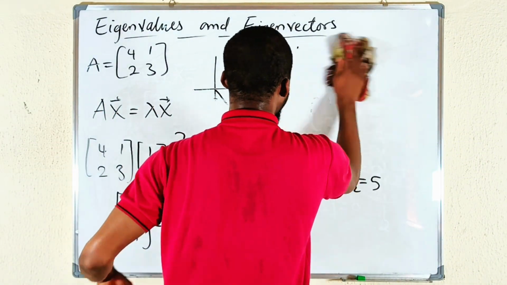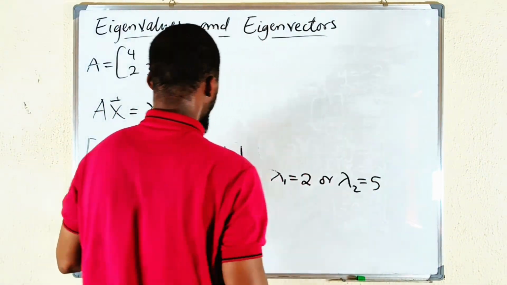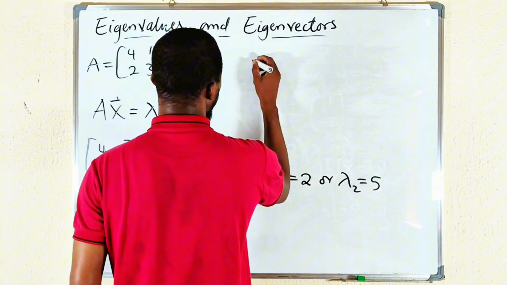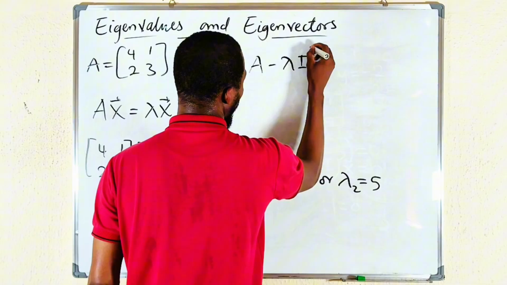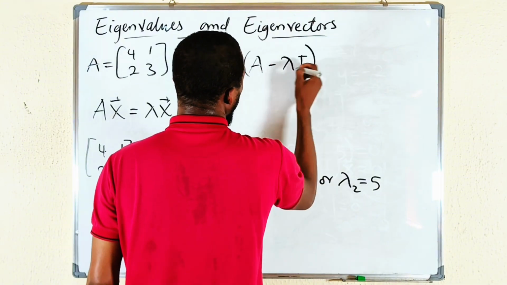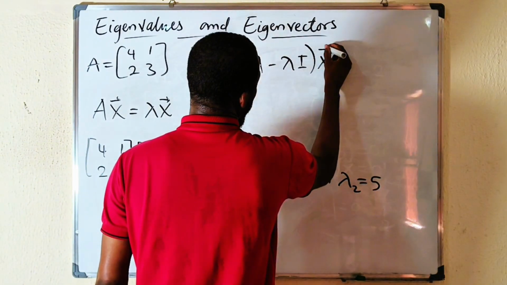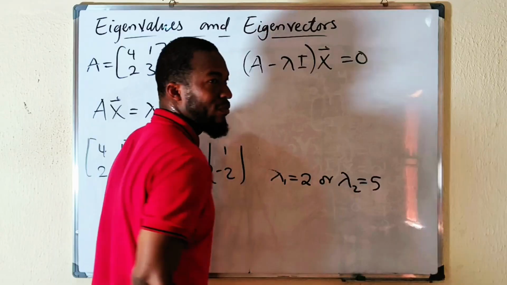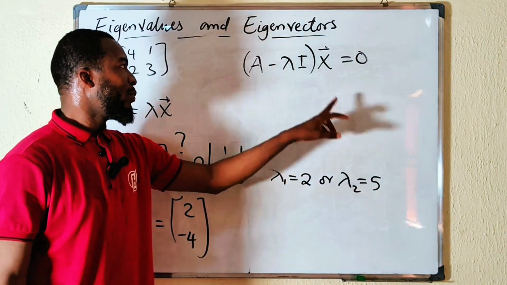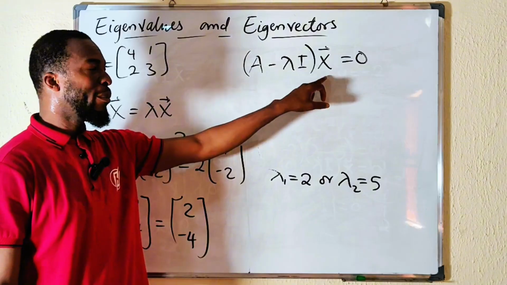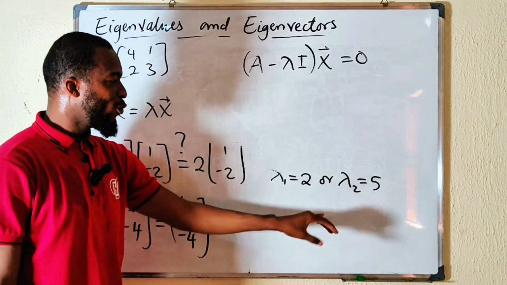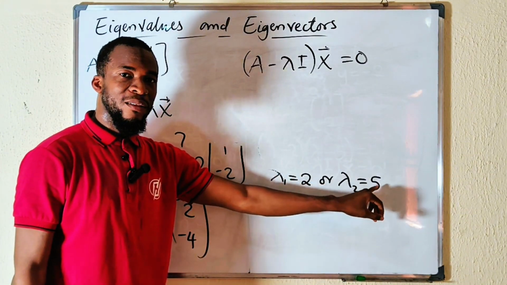That is what I want you to do. Use this equation, A minus lambda I multiplied by x equals 0. Just take 5, plug it here, and remember your matrix is this one, multiplied by this vector. Find this vector when the lambda is 5.